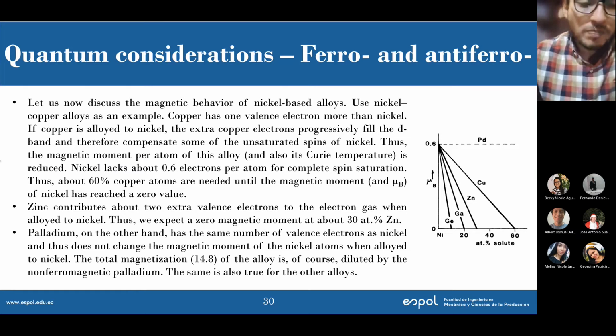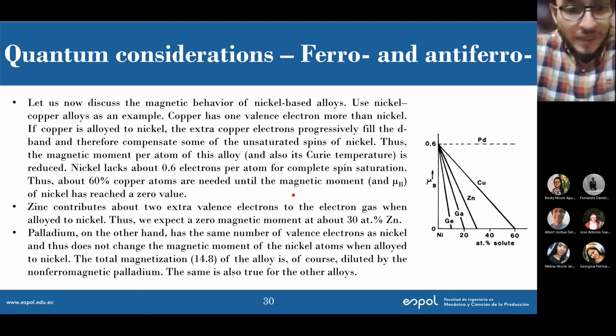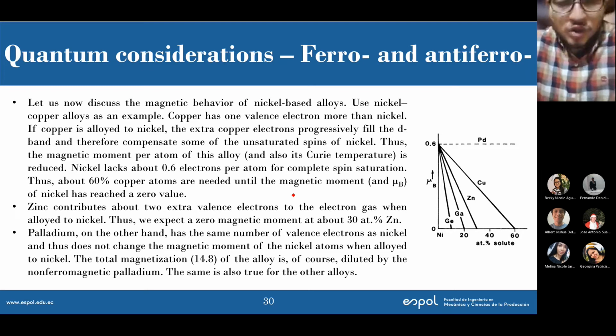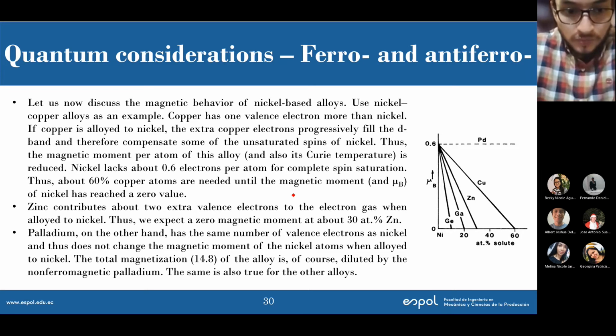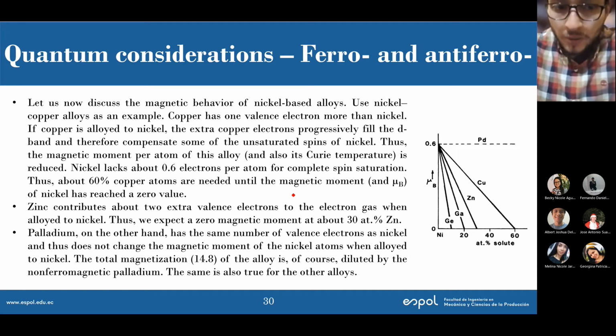Now, if you look at palladium, for example, palladium has the same number of valence electrons as nickel. Therefore, it doesn't change its magnetic moment, and it doesn't change its Curie temperature. Okay? Any questions, guys?